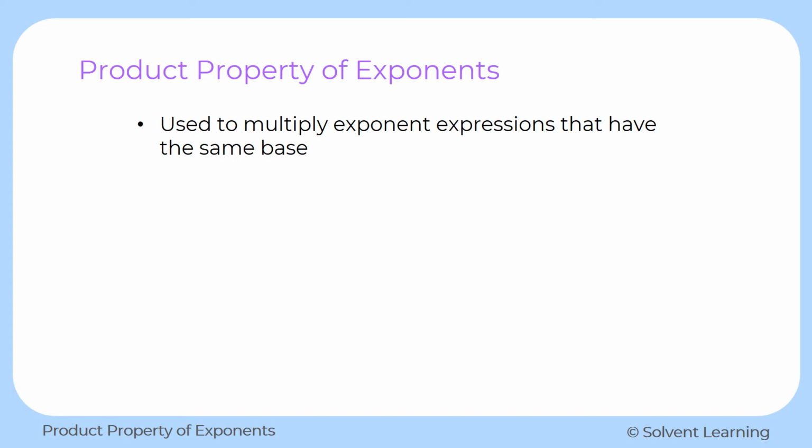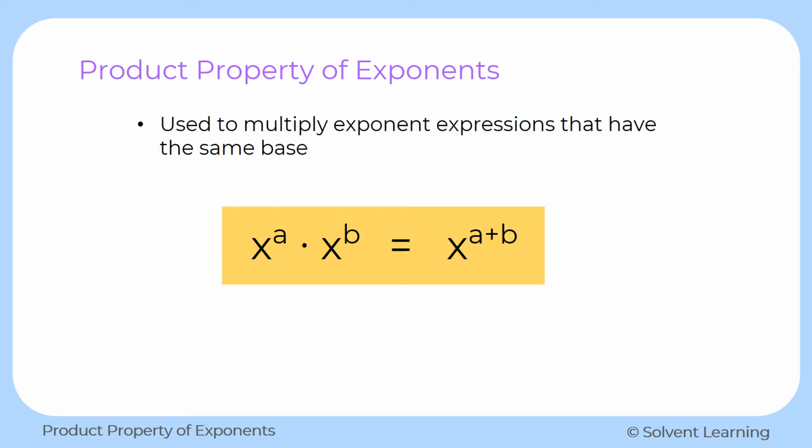Now, if we write this as a general rule without using specific numbers, we can set it up like this. x raised to the power of a times x raised to the power of b combines to give us x raised to the power of a plus b. So whatever numbers we have in the exponents where we see a and b, we would just add those numbers together to see what the final expression simplifies to. Let's take a look at some more examples.